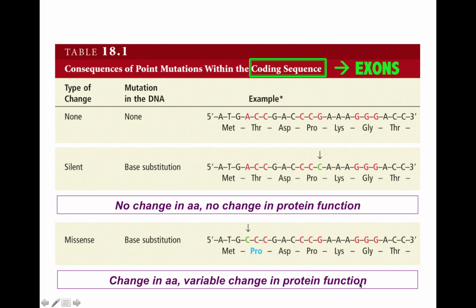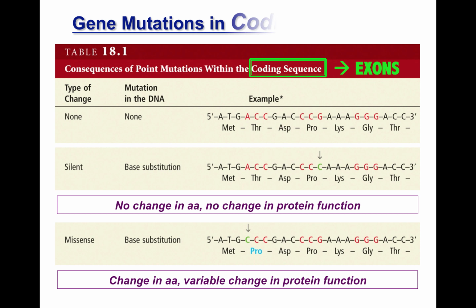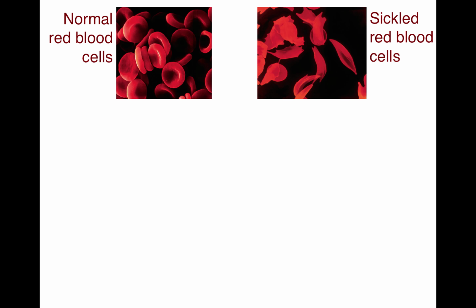Sometimes it doesn't affect it at all, or not detectably. Other times it can have very profound differences in protein function. For example, sickle cell anemia results from a single base pair substitution in one codon, one amino acid.